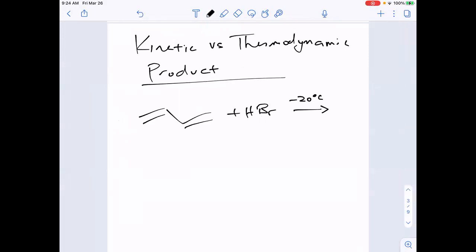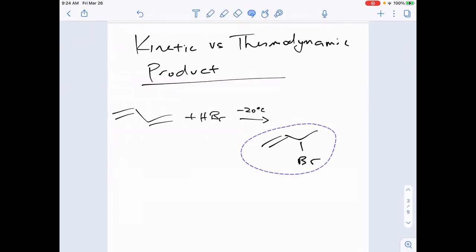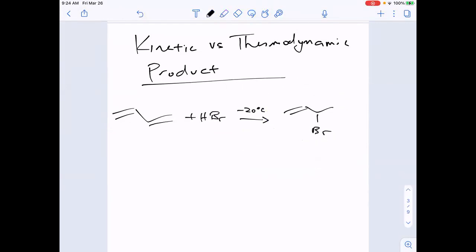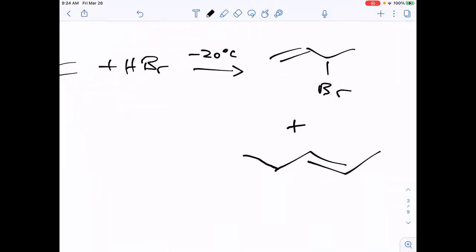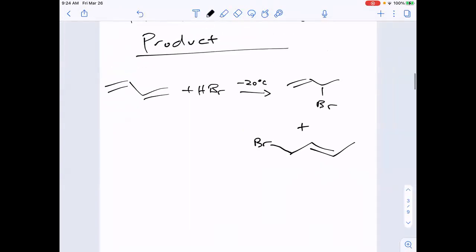All right, so at negative 20 degrees, we're going to get both products still. We're going to get this product, and we're also going to get this product. But in this case, the ratio is going to flip.